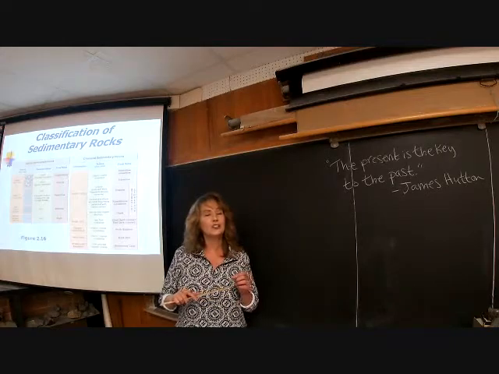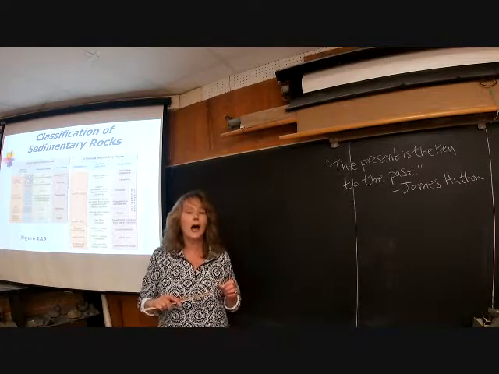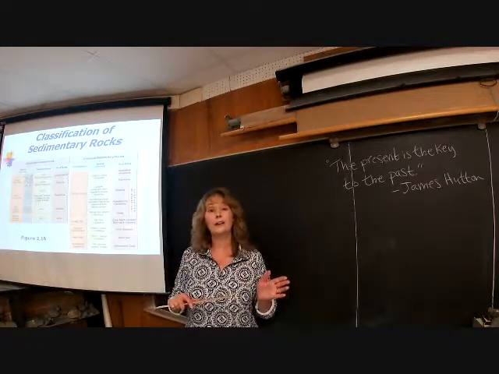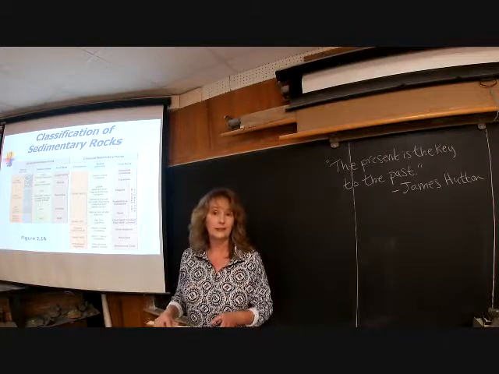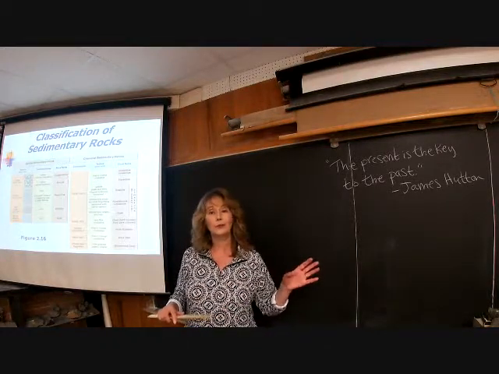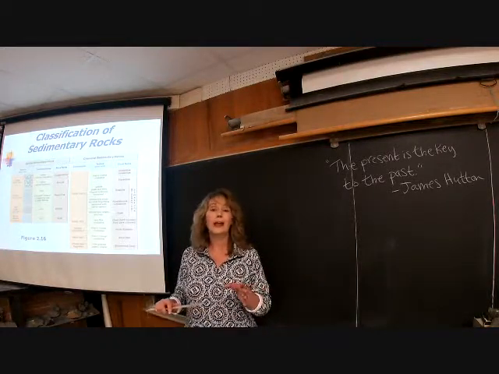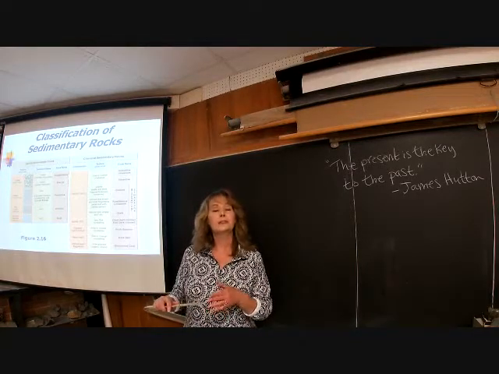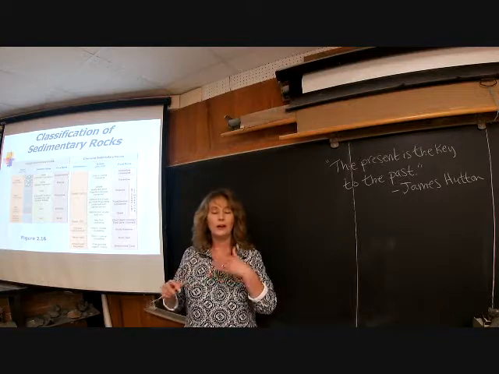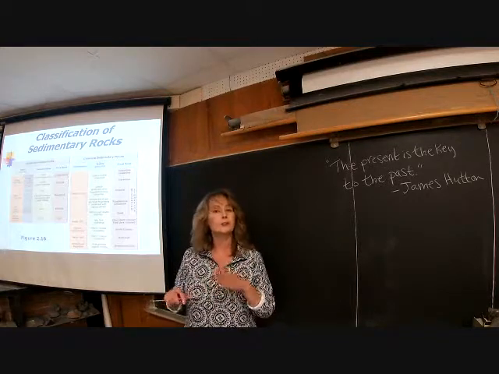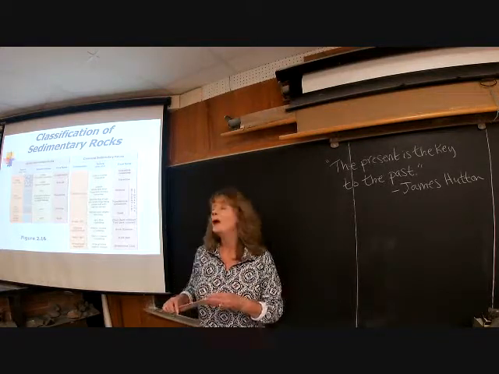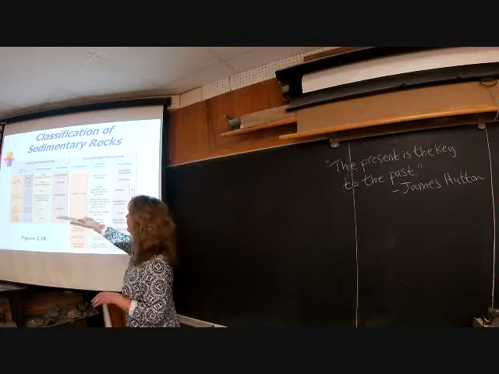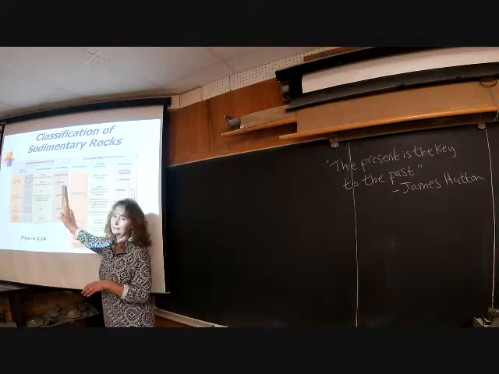If it has those sharp angles still on it, that means they didn't travel very far before it got deposited. So water came along, moved the sediment along, and then deposited it rather quickly, so that it didn't have time for the water action to roll it along and smooth out the edges. We call those that have those angular fragments breccia.